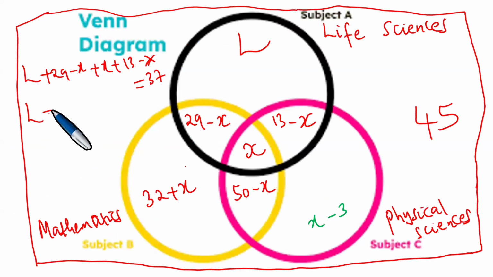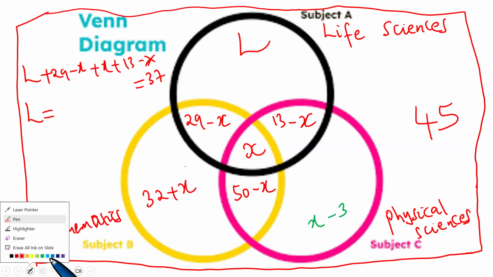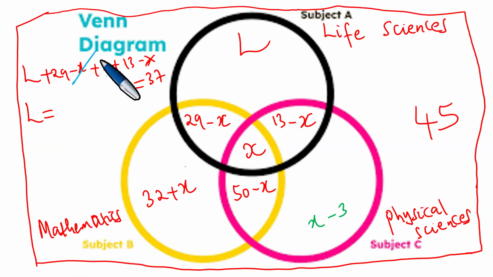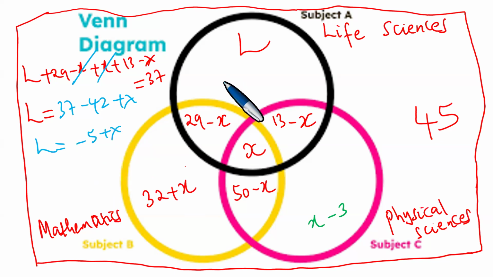Right, so we know we want L, and therefore let us do some rough work. Minus x and x cancel out, from which we obtain 29 and 13, which gives us 42. But it becomes negative, taken across the equal sign, meaning we have 37 minus 42 plus x, which is negative 5 plus x.